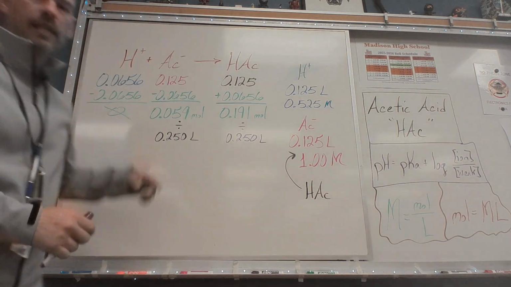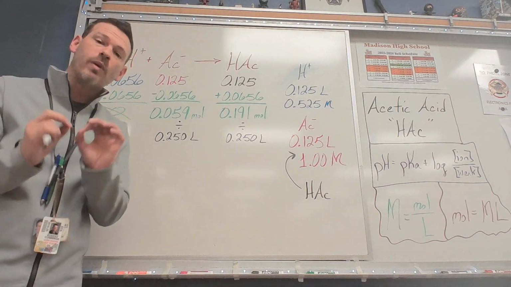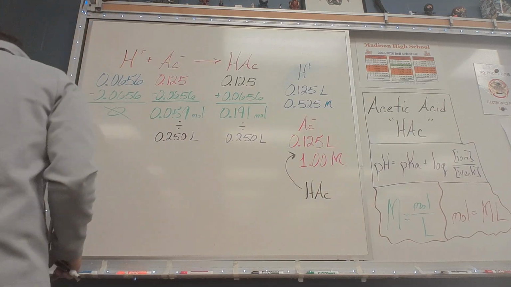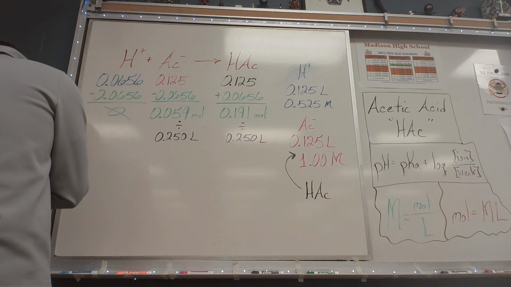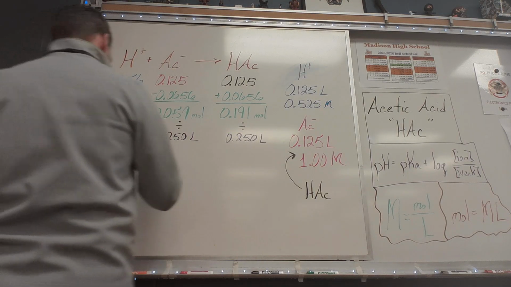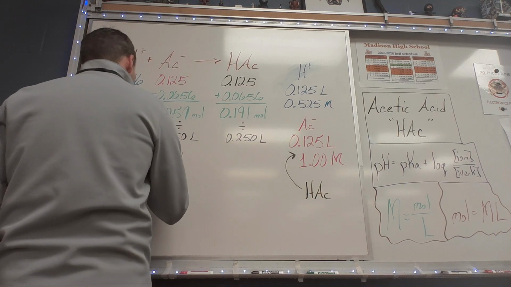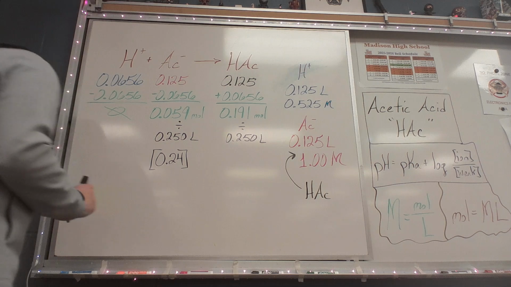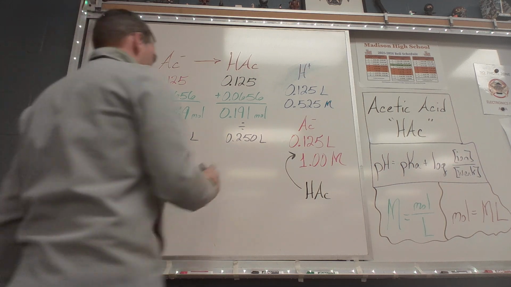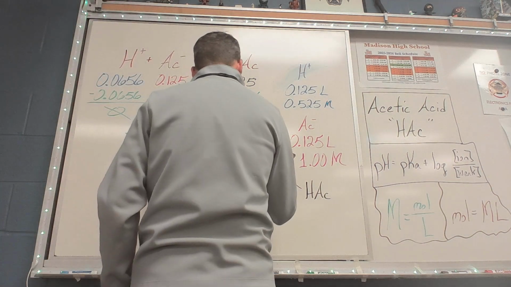And when you do moles over liters, you'll get molarity, which is what we need for our equation. And I've got both of those values. We've got 0.24 molar alongside 0.764 molar.